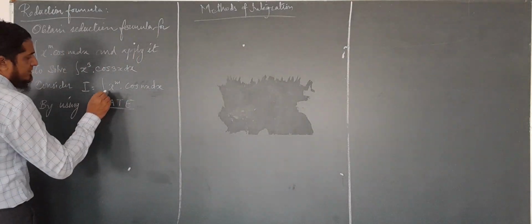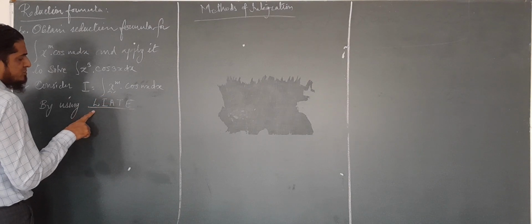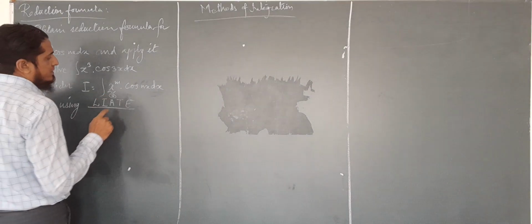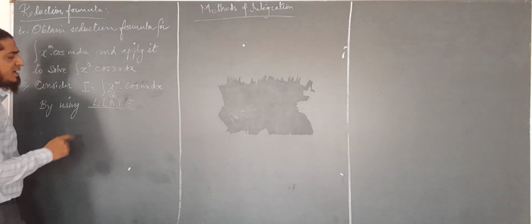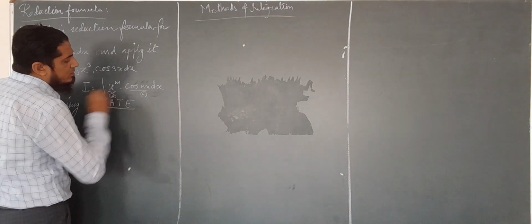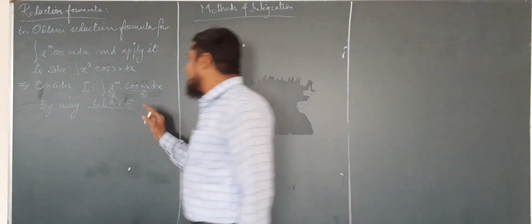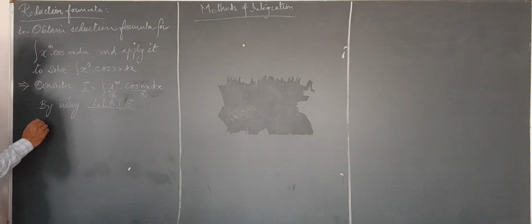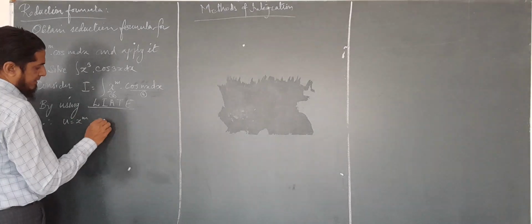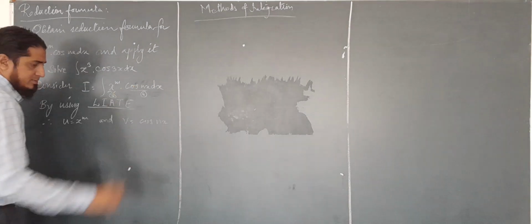So we know that x raised to m is an algebraic function, and algebraic functions come at the place of 1, 2, 3. Correct? And cos nx is a trigonometric function, and trigonometric functions come at 4. Now 3 comes before 4, so we can write, therefore u is equal to x raised to m and v is equal to cos nx.